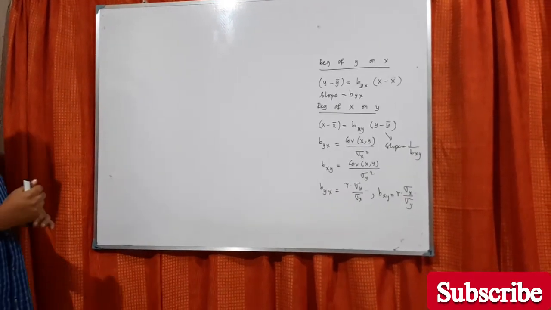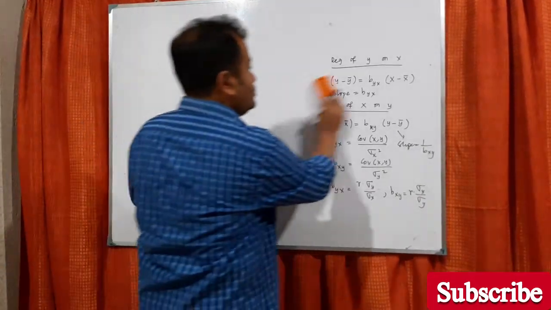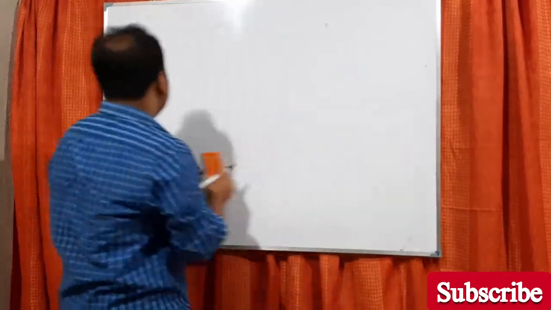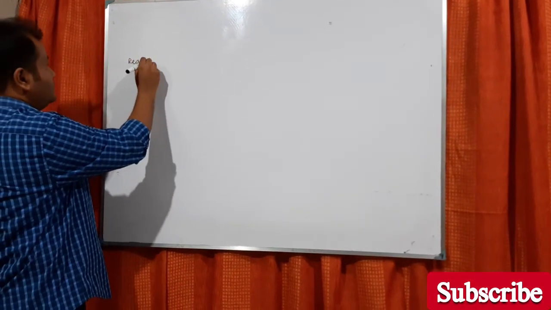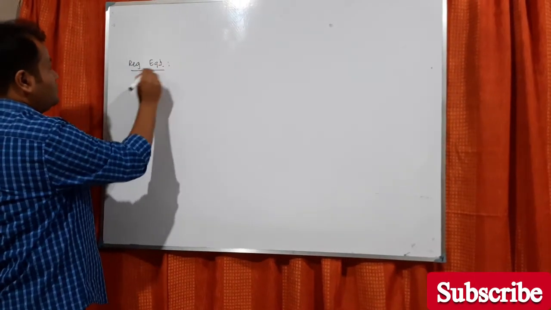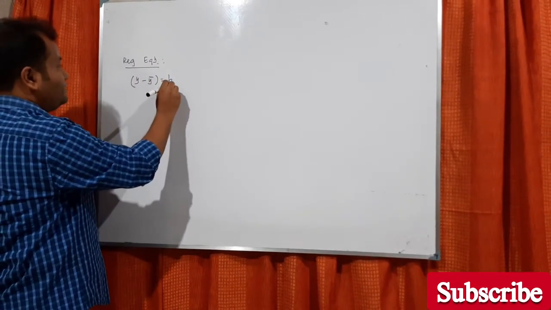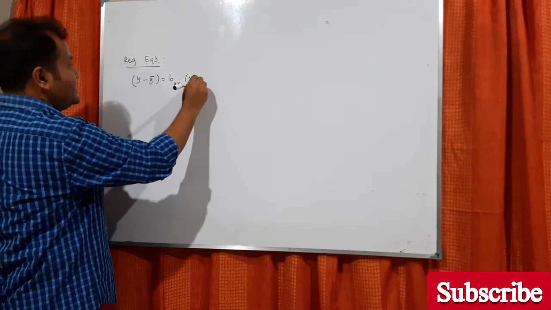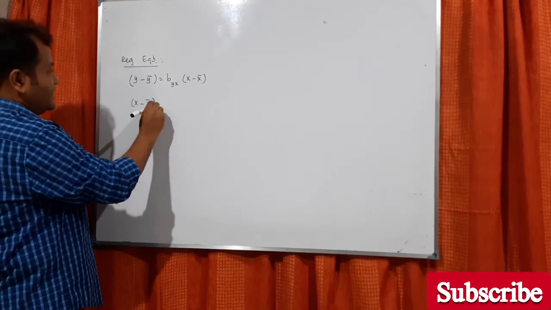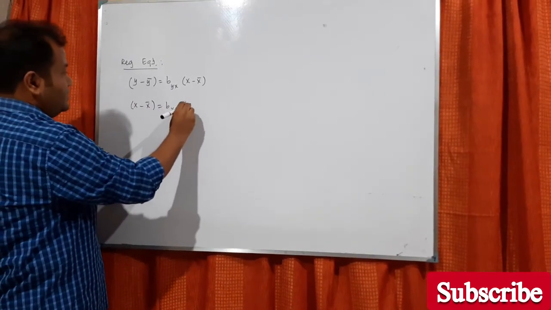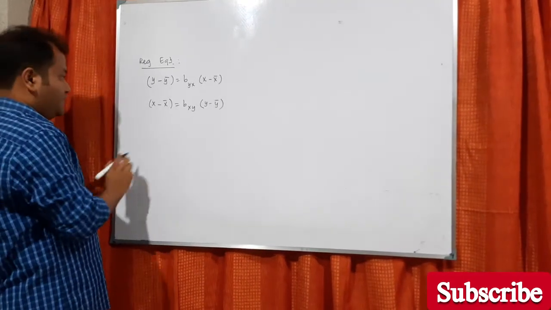In today's class, we tried to discuss many aspects. So let me just write this down, so this will be helpful for you. What we have learned is the regression equation, that is y minus y bar equals byx times (x minus x bar), and x minus x bar equals bxy times (y minus y bar). These two are the regression line equations which we have given.